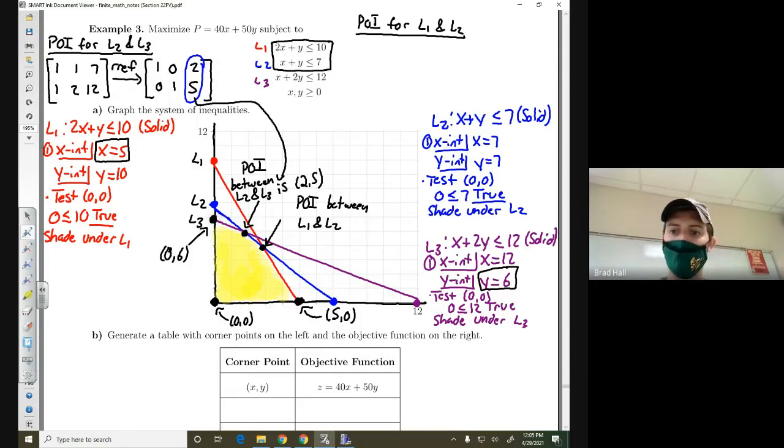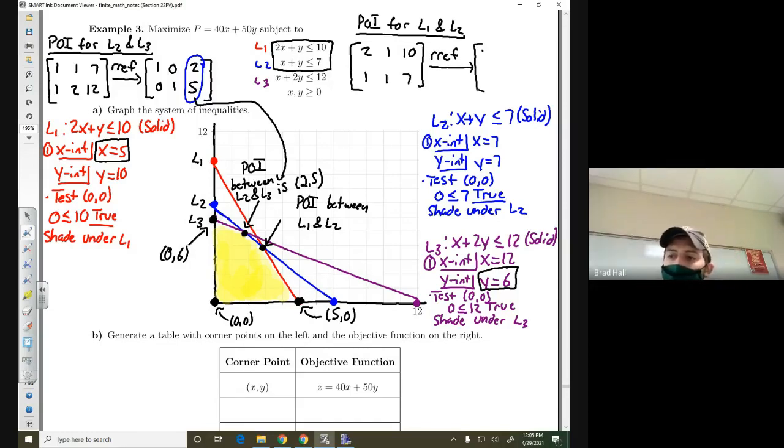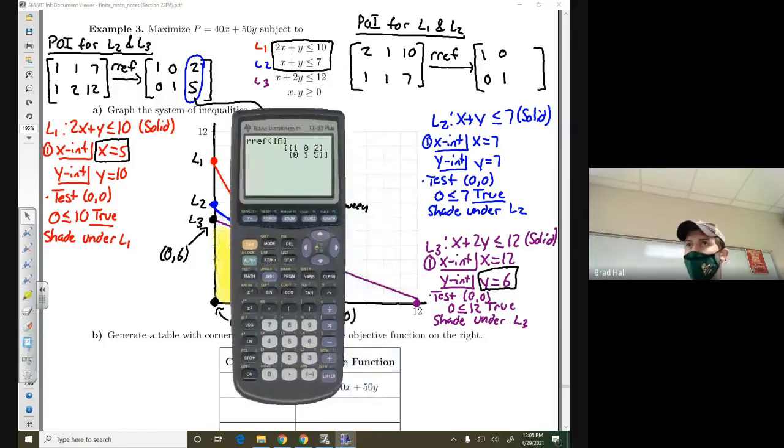So we need to make a matrix between those two: 2, 1, 10, 1, 1, 7. That means another matrix that we need to compute in the calculator.